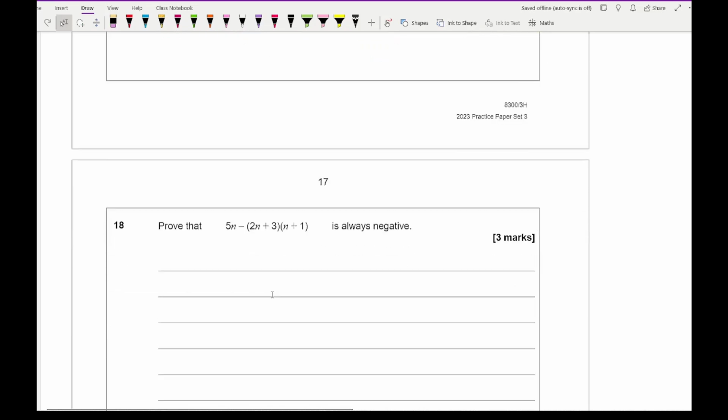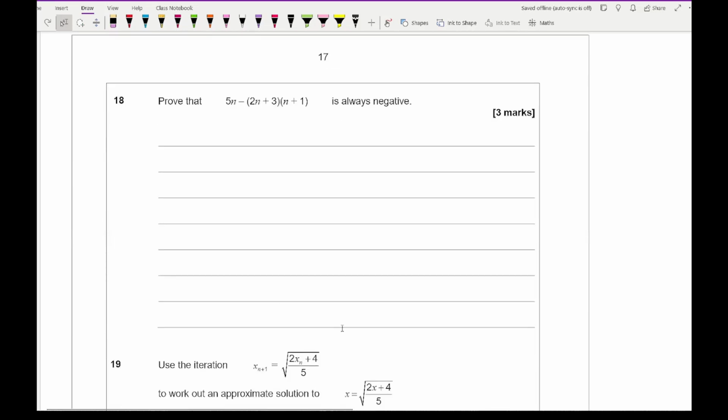Moving on to question 18, it says prove 5n minus (2n plus 3) multiplied by (n plus 1) is always negative. So let's first of all expand this out. So I've got 5n minus, and then I'm going to end up with 2n squared plus 5n plus 3.